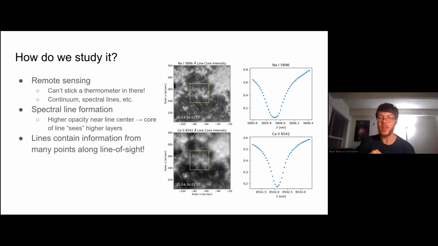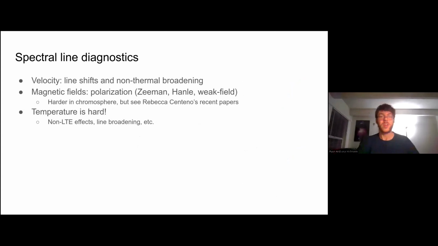So spectral lines can actually give you information at different heights in the solar atmosphere, which from that you can infer things like the line of sight velocity, the magnetic fields, the temperature of the gas along your line of sight. But it's hard, especially the temperature.